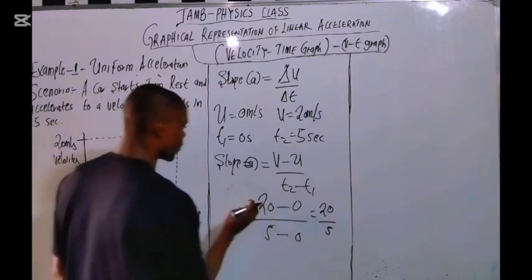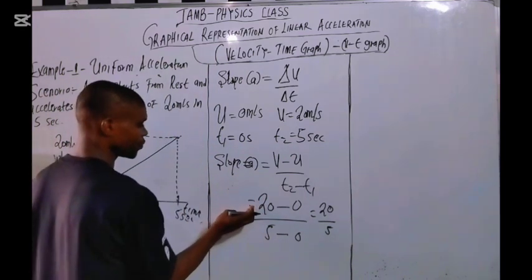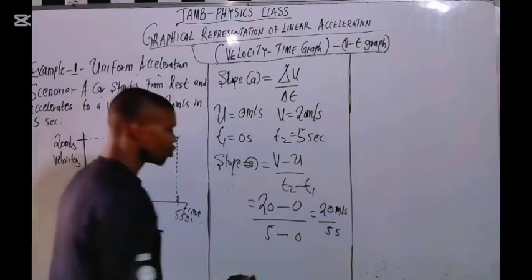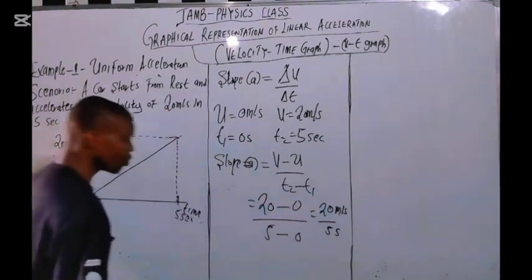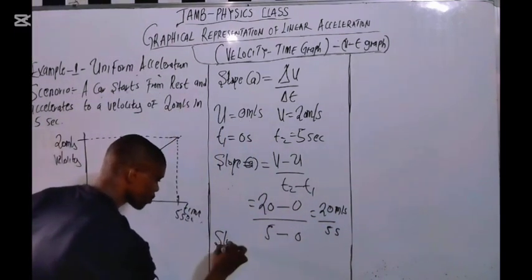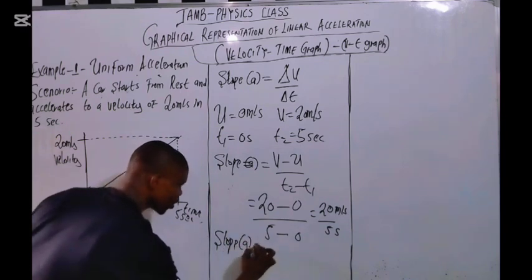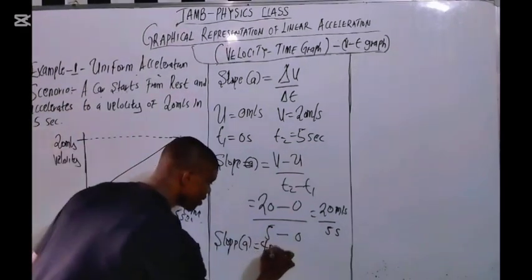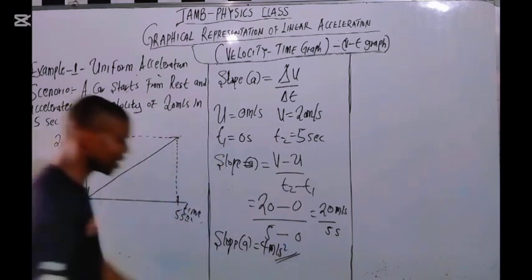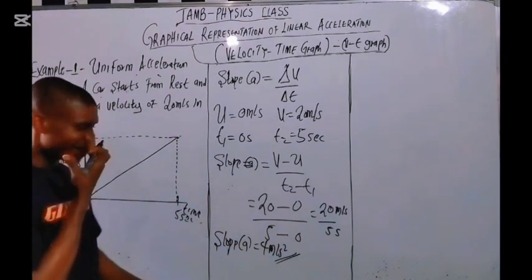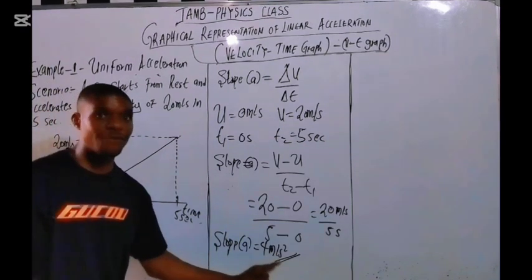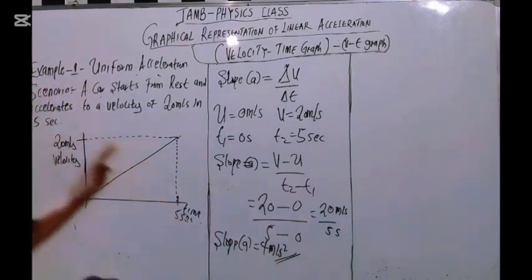Here we have meters per second and here we have seconds. So when you do your calculation, my slope, which is the acceleration, is 20 divided by 5, which is 4 meters per second squared. This is the uniform acceleration.